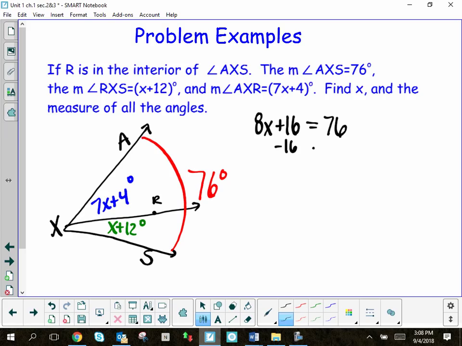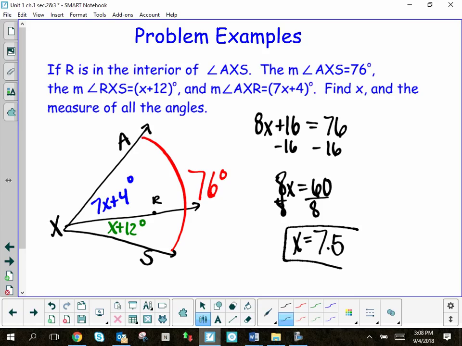I'm going to minus the 16. So then I have 8x equals 60. And 60 divided by 8 is going to be a decimal. So let me see what that is. 7.5. So I know that x is 7.5.